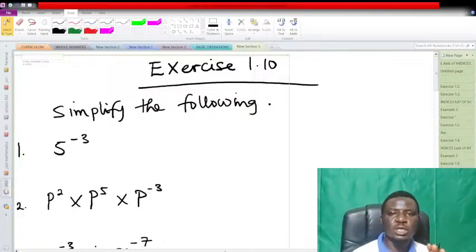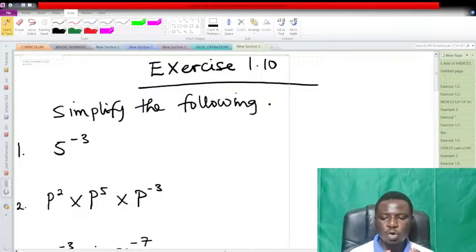Just understand what the zero law is all about. The zero law says that any number, any term raised to the power of 0 is 1, excluding 0. But any other number raised to the power 0 is said to be equal to 1.